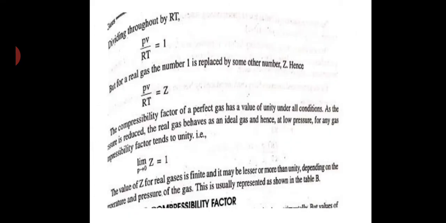So these three we are going to use to find the reduced properties, and from the reduced properties we will use the compressibility chart to find the compressibility factor, that is the value of Z.